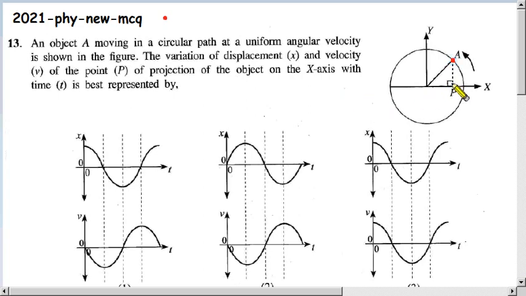So this point P, always this line should be perpendicular. We have to keep that line perpendicular to the x-axis always.